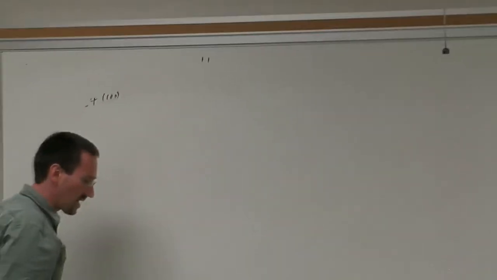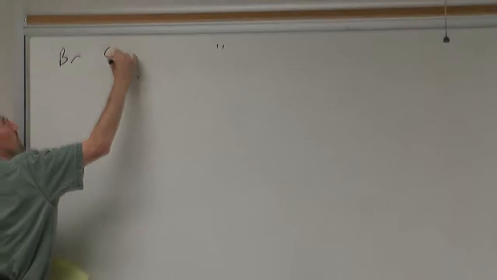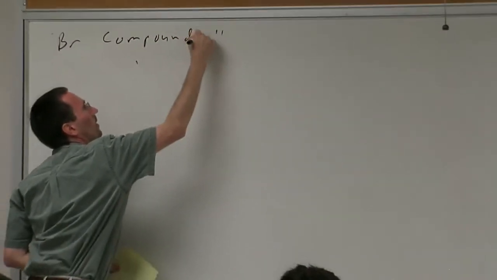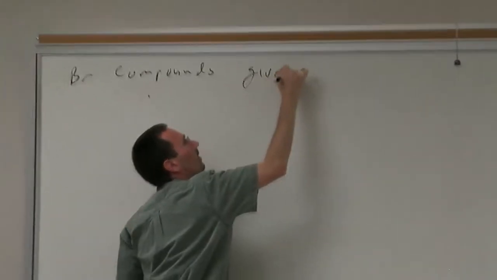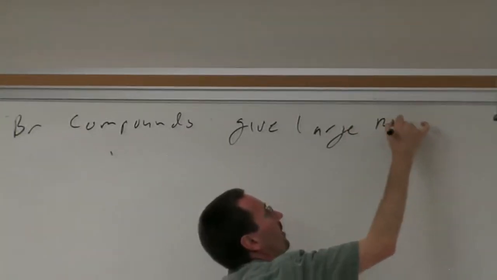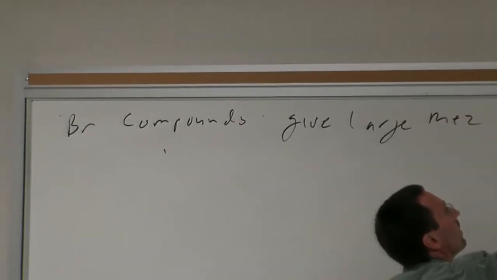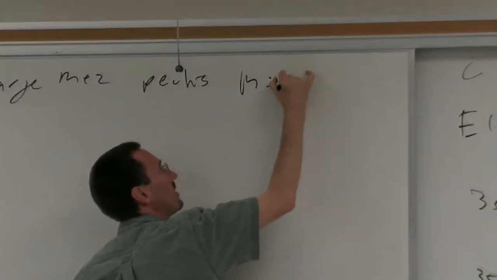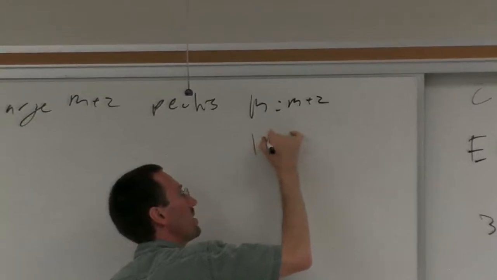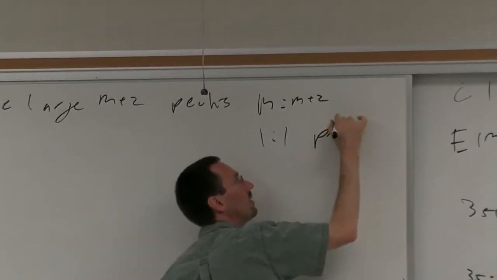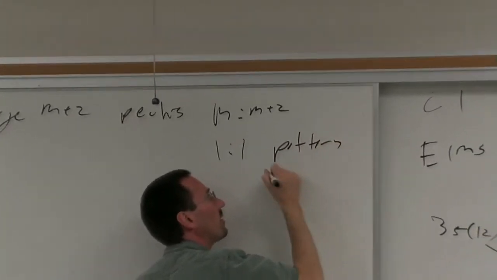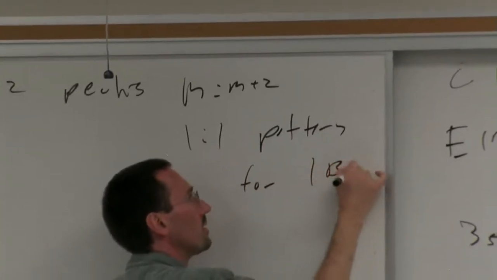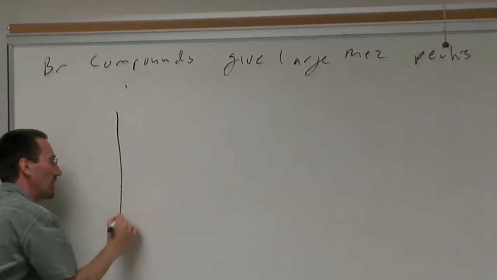So of course, bromine compounds give very large M+2 peaks. So you can say the M to M+2 is a 1-to-1 pattern for one bromine. Let's try one more example here.